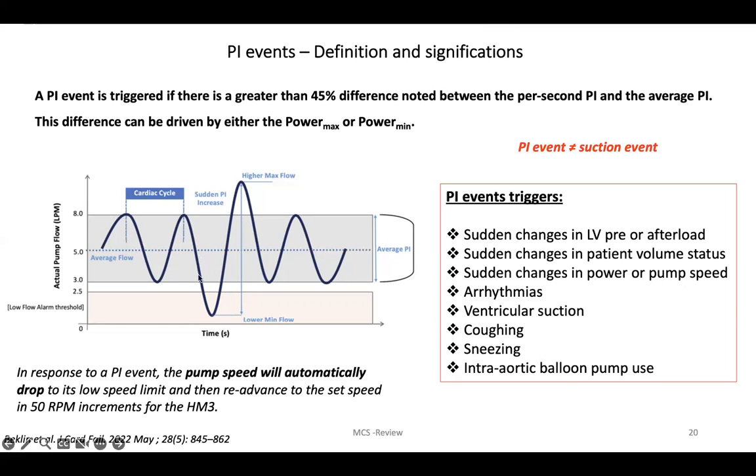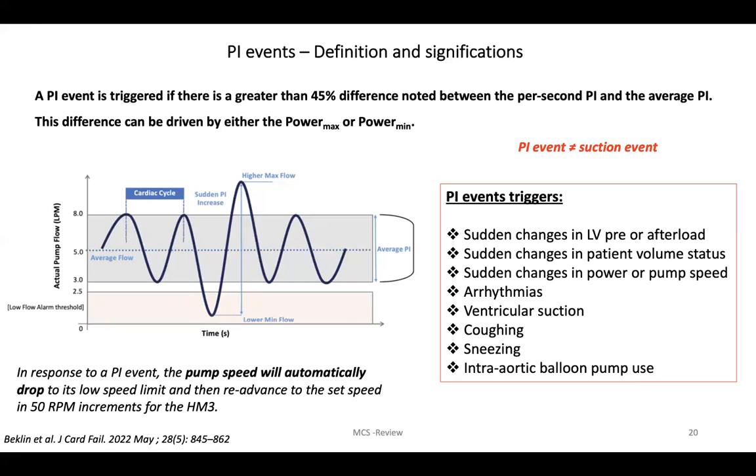So if you have a sudden change in the flow or in the power in the pump, then the pump is going to detect it, and it's called a PI event. In response to a PI event, the pump speed will automatically drop to its low speed limit and then re-advance to the set speed in 50 RPM increments for the HeartMate. That's the progressive return.